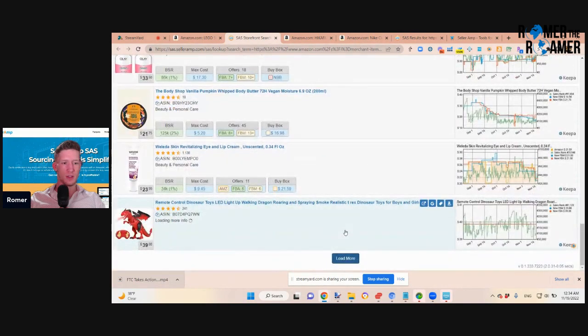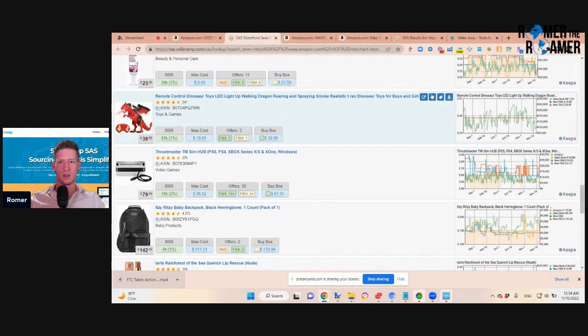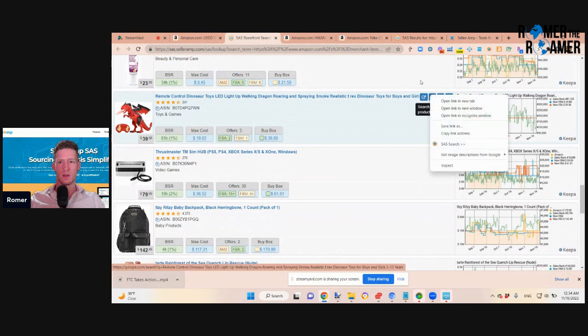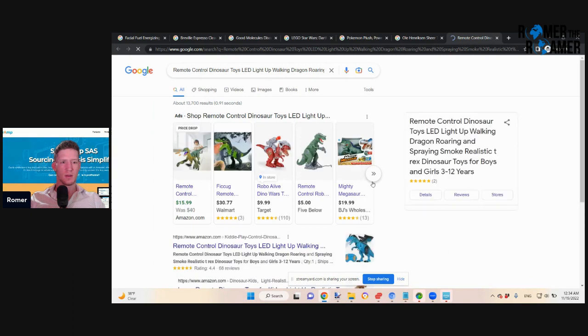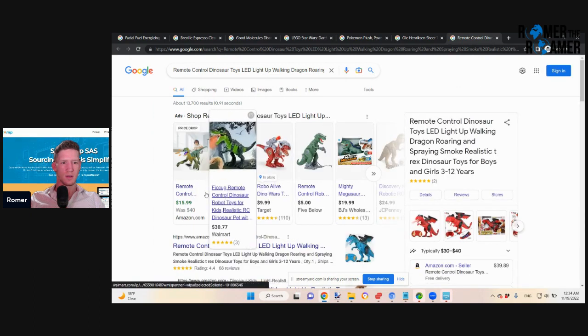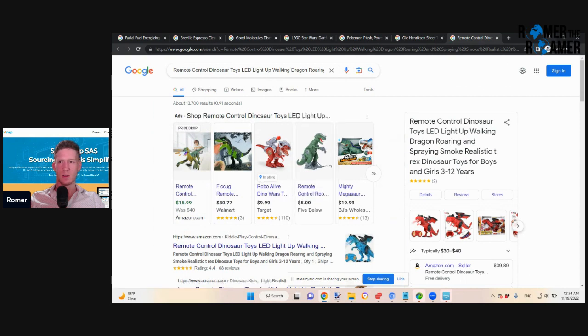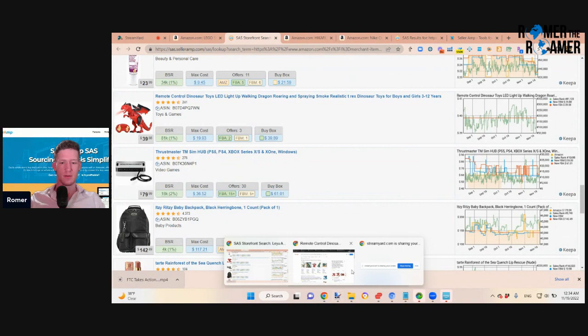Don't want to waste too much time. $19. Can we pick this up for 19? Okay. Is this the same one though? I forgot what it looked like. Oh no, it's just Red Dragon. Completely different.